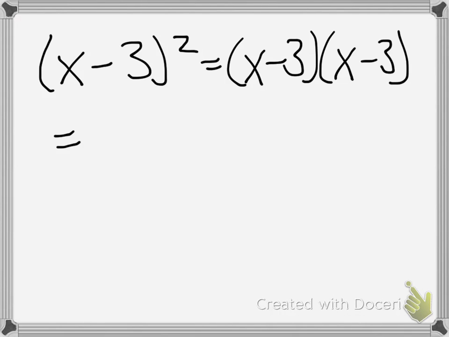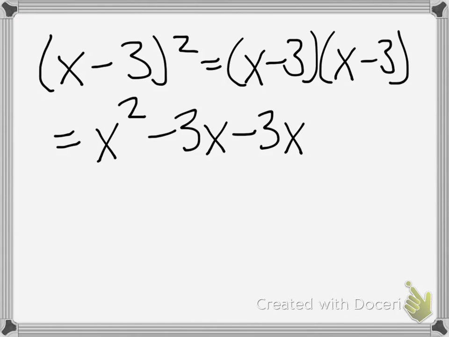My product of my first terms is x times x, x squared. Outside terms, x times minus 3, minus 3x. My inside terms, x times minus 3, minus 3x. My last terms, minus 3 times minus 3, positive 9. Again, I'm seeing my middle terms being the same, so I know that I can have a more simplified formula.